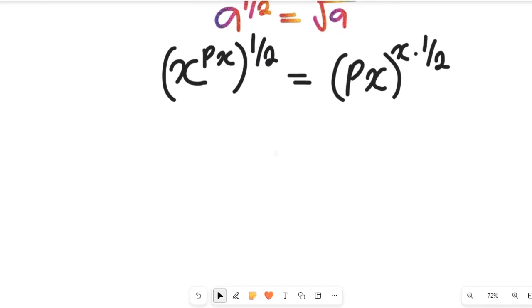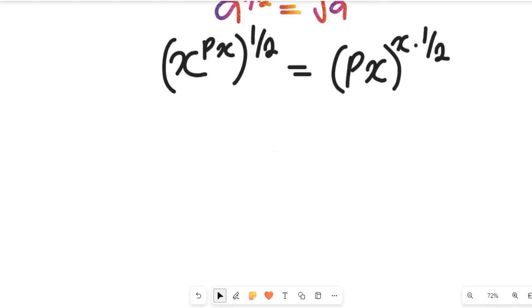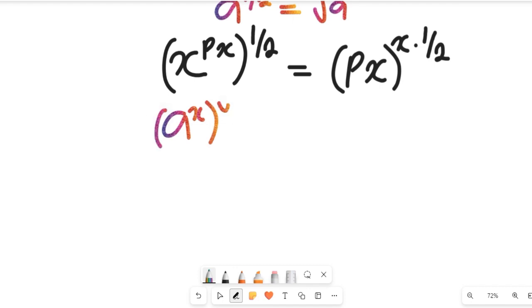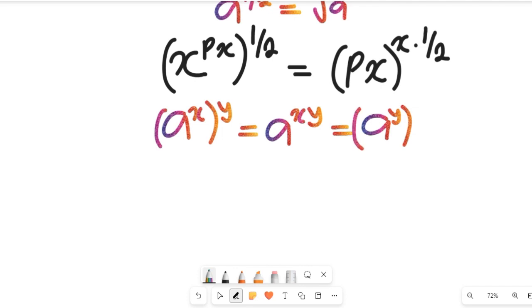Great. So if I simplify this expression, recalling the law of indices, that a to the power of x, when it multiplies the power of y, can be equal to a to the power of xy, and it can also be equal to a to the power of y multiplied by x, right?